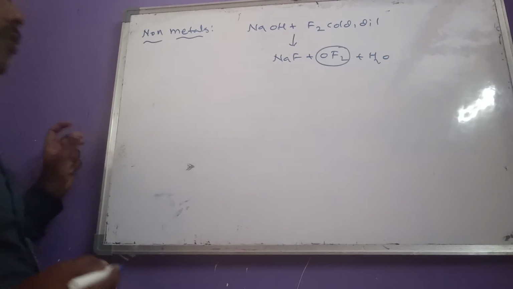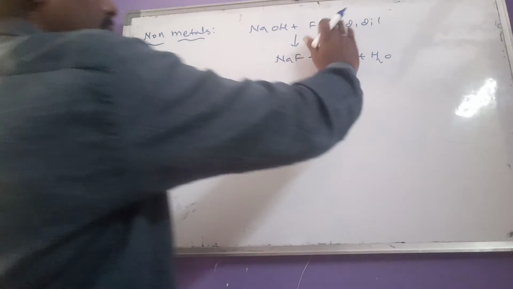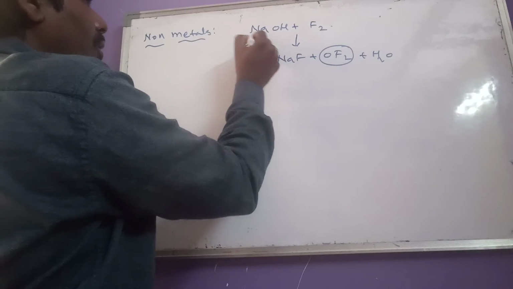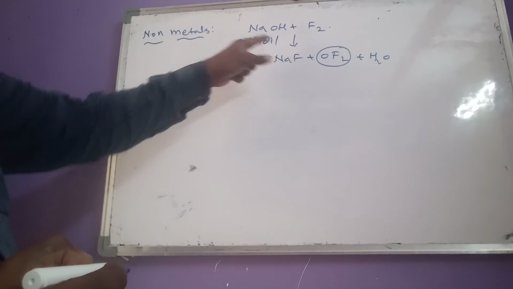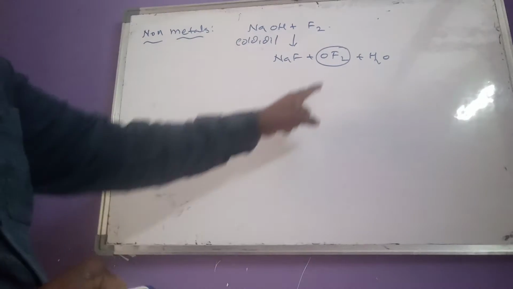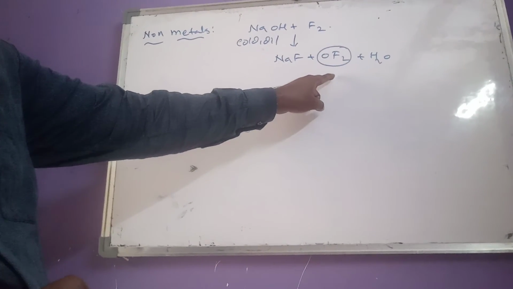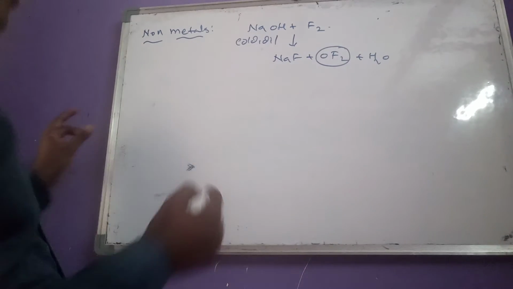When fluorine reacts with cold and dilute NaOH, the product is OF2, oxygen difluoride.